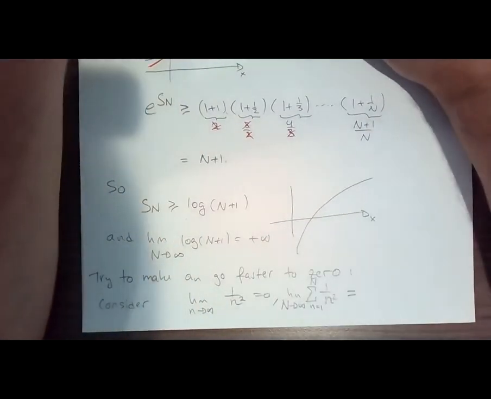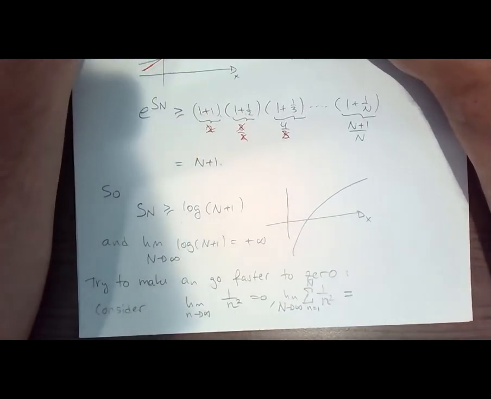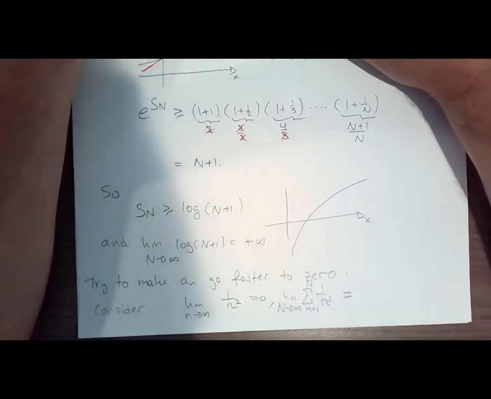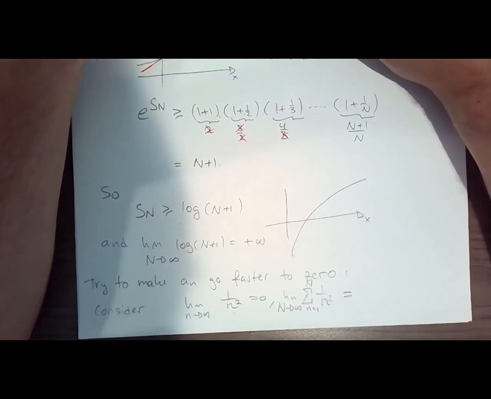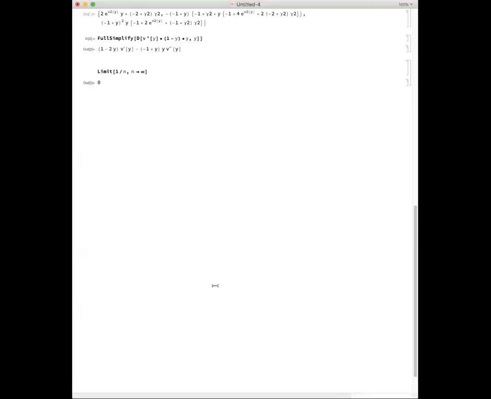So go back, give it a shot. Over here in Mathematica, let's see if we can get Mathematica to help us out. What I'm interested in is a sum over 1 over n squared, summing from 1 to infinity. Like what I was doing before, let me just show you.